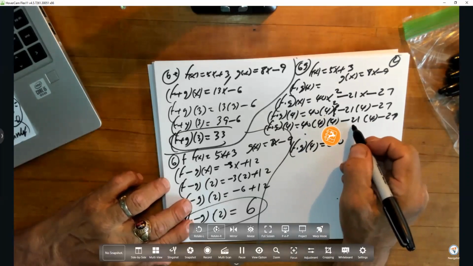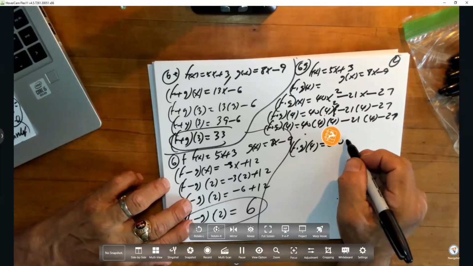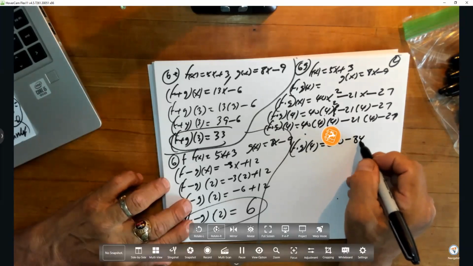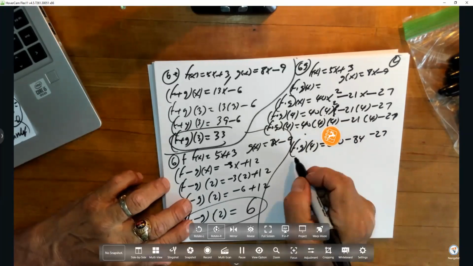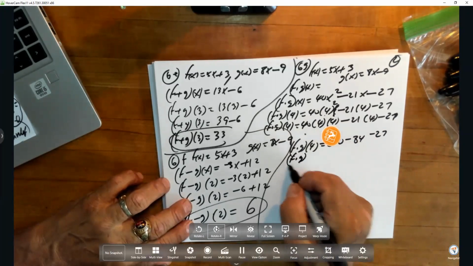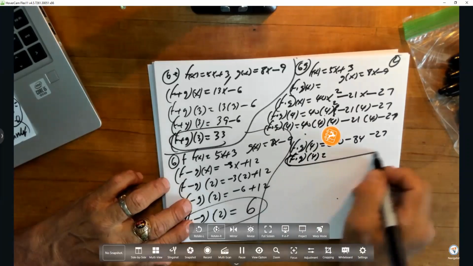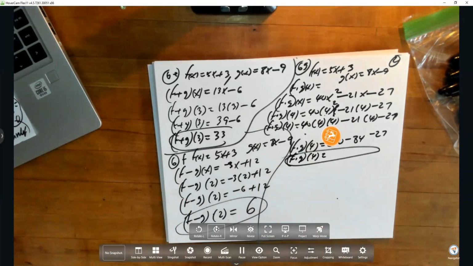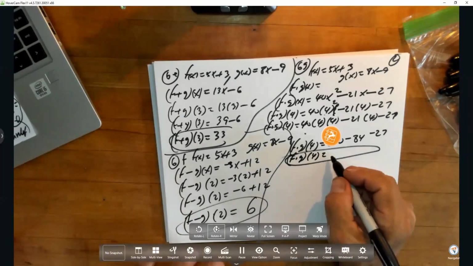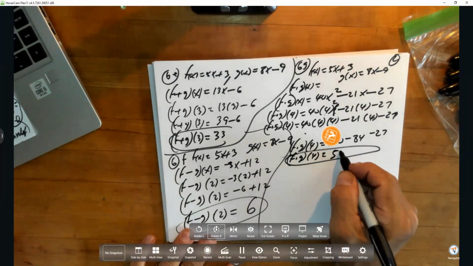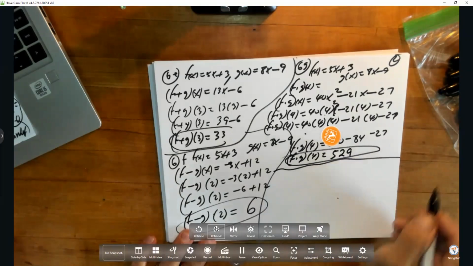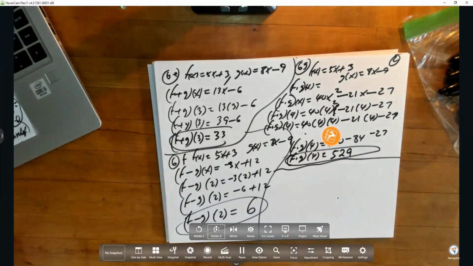And negative 21 times 4, give me a number. Negative 84. And negative 27. Put all these numbers in your calculator right now. 640 minus 84 minus 27 is exactly, give me a number. 529. That's it. Okay, for that one.